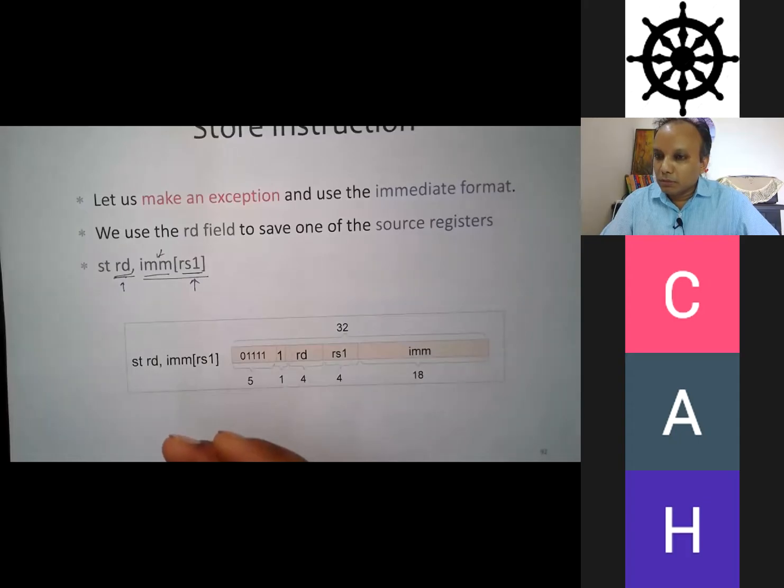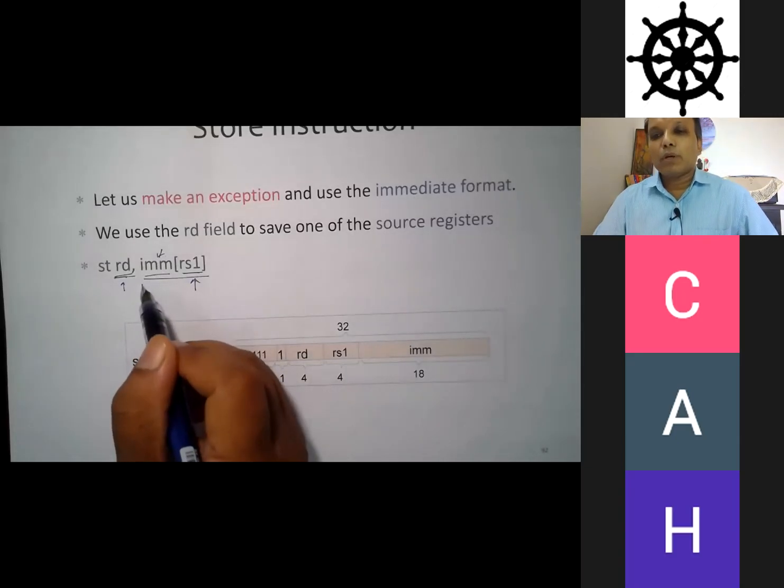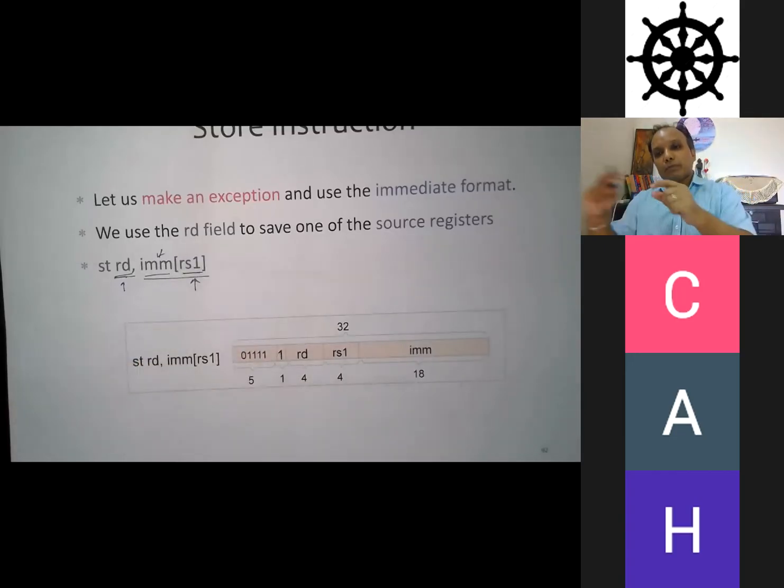So for storing something, first we need to know from where we want to store the value and the destination. If we have both of them, then what is the need of immediate? No. So let's say I want to store my results in an array. All right. Then the first outcome I'll store in the first element of the array.